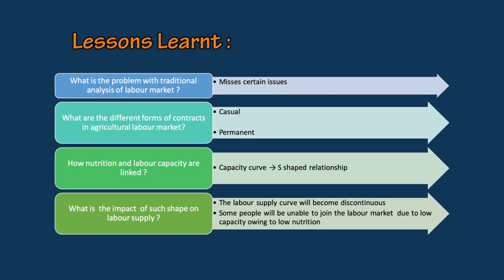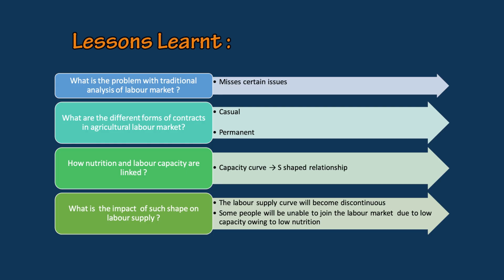Given this analysis, let us now find out what we have learned so far. We started with the question, what is the problem with the traditional analysis of the labor market? We find that the traditional analysis misses certain issues. Then we asked what are the different forms of contracts that we find in the labor market.